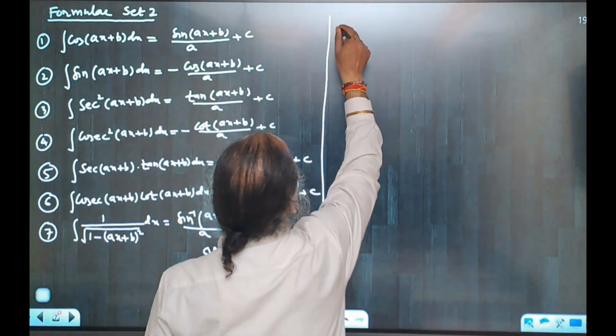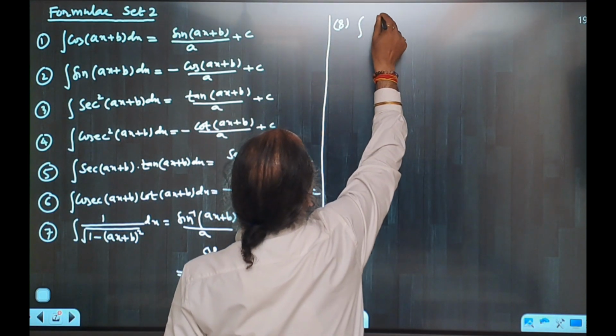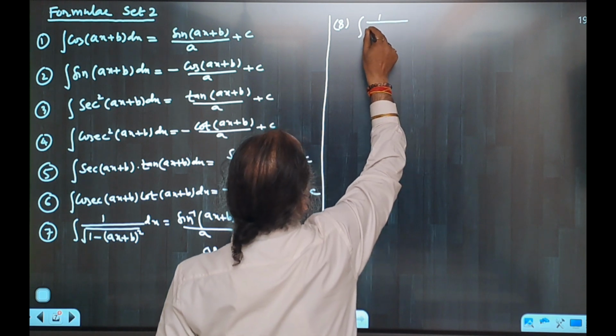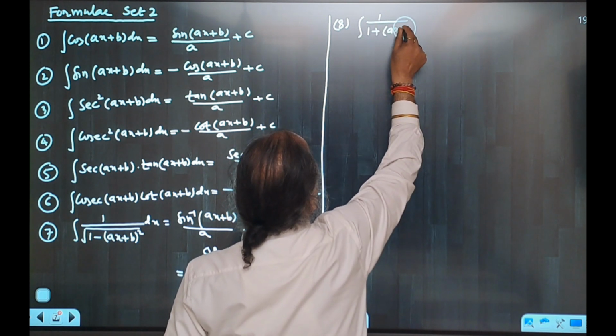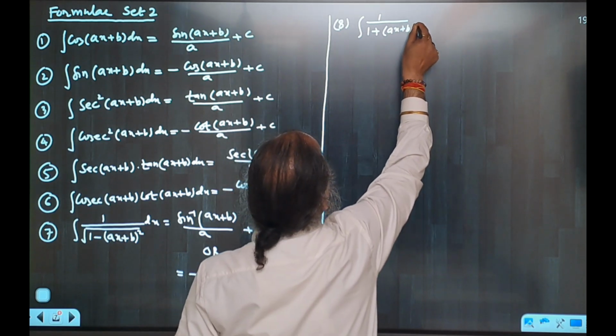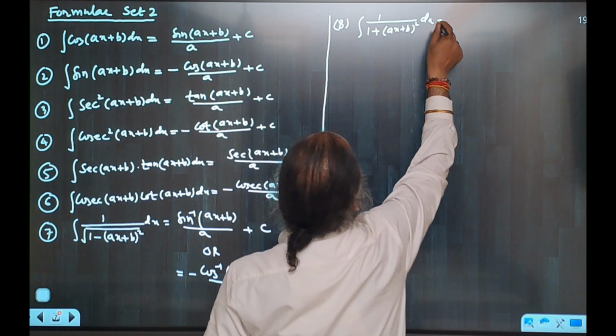Eighth one is integral 1 upon 1 plus (ax plus b) square dx.